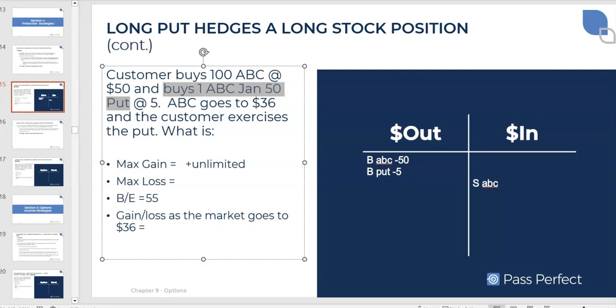No, not to buy at 36. He already bought, right? Doesn't need to buy it again. A put option is a contract that gives you the right to put it to somebody else, right? So is that buy or sell? Sell. At what price?